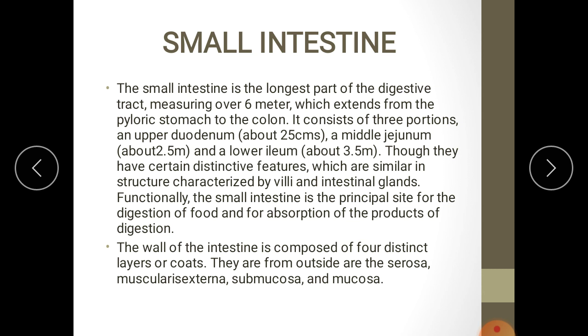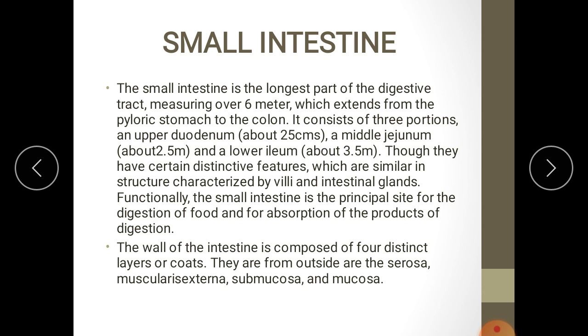So duodenum, villi are present in this small intestine. Small intestine is the part where actually 80% of the digested food is absorbed. For the absorption of food, the surface area must be extended.